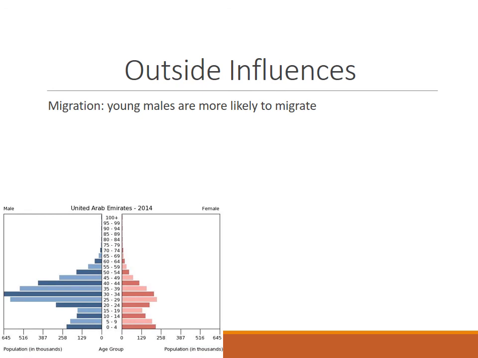The last thing we can look at here are some of the outside influences that you can see on a population pyramid. One we've mentioned before, one we haven't here is migration, right? Which I brought up on the last slide, but which you can see here in the UAE.